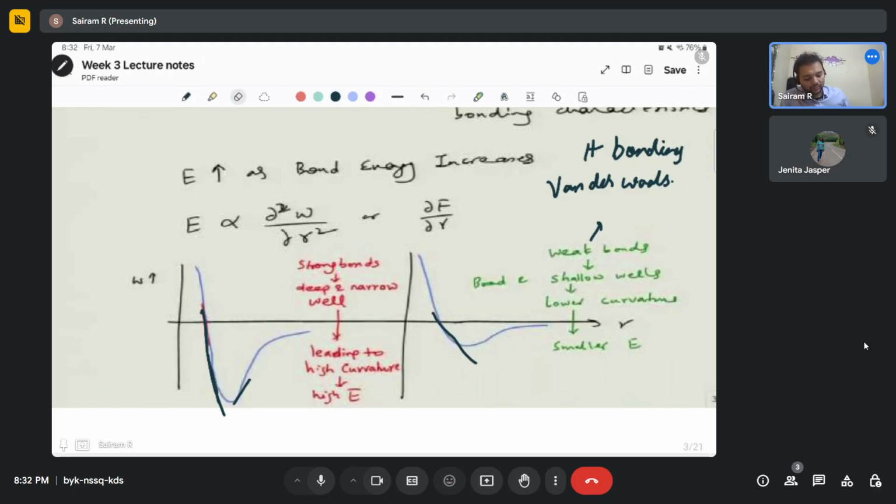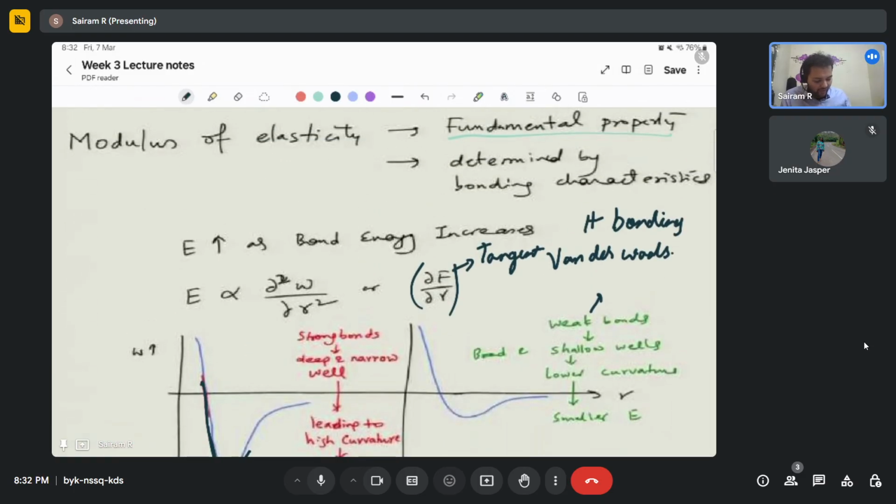So this dF by dr is nothing but the tangent at any given point of this curve, as we all know from basic mathematics. When we try to measure the tangent at any of these points, the curvature will be very low, the value of the tangent will be very low, the slope of the tangent will be very low. So all these correspond to a small E as well.